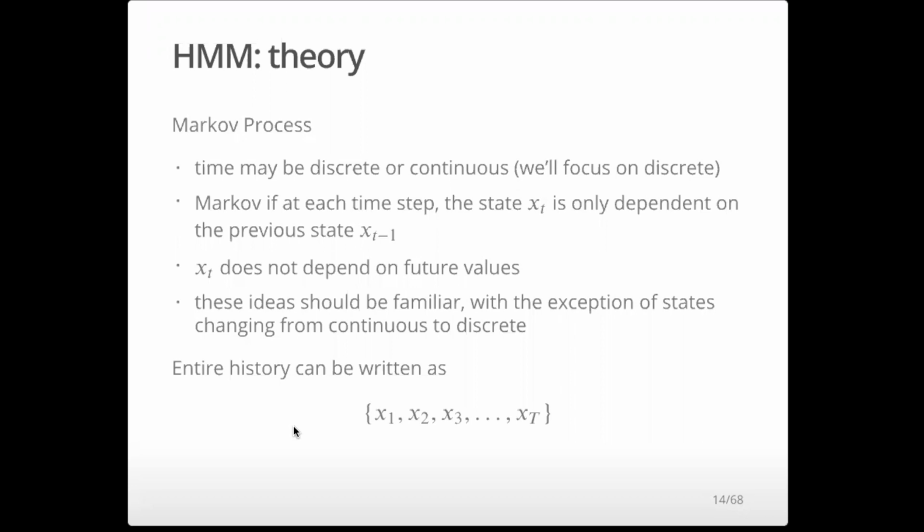It's going to be a Markov process because our state at time t, our x, is only dependent upon the previous state, our x at t minus 1. Our x doesn't depend at all on future values of the system. This should be totally familiar because this is exactly the same logic behind the Markov process with the MARSS model. So we can write our entire history of x's as this vector below, which are all subscripted by time.